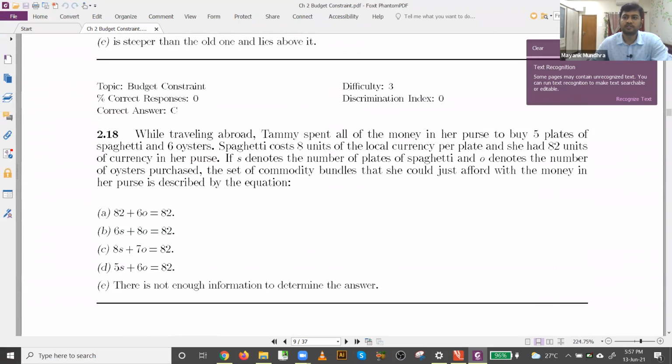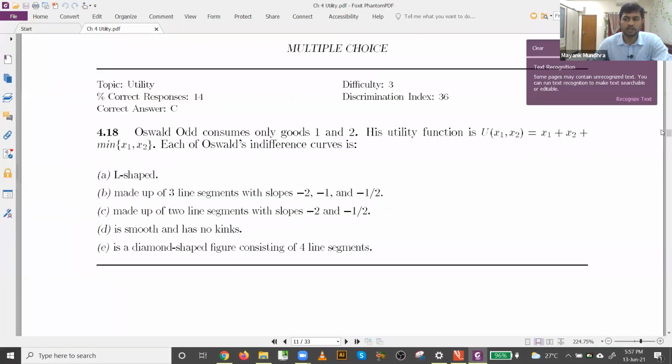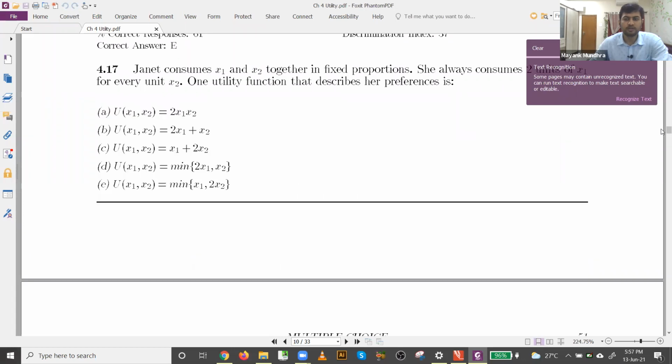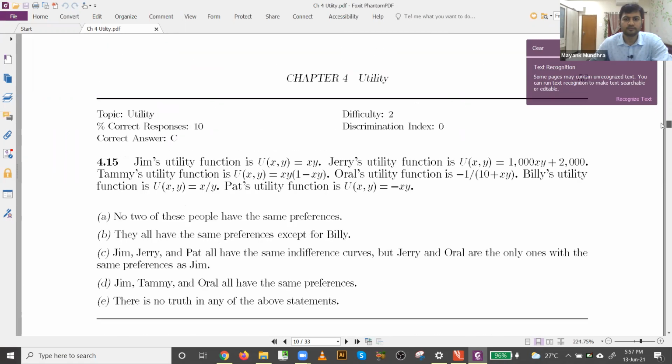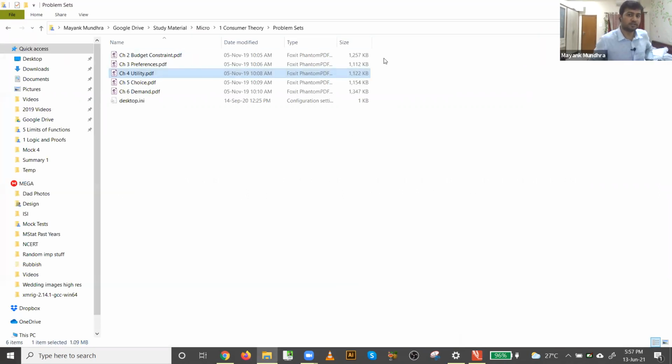You can do preferences, utility. So first 3 chapters, you can start with them. And do as many as you can. I'm sure you won't be able to do all of them in 1 week. So I'm giving you 2 weeks of time. After 2 weeks, we can discuss them.